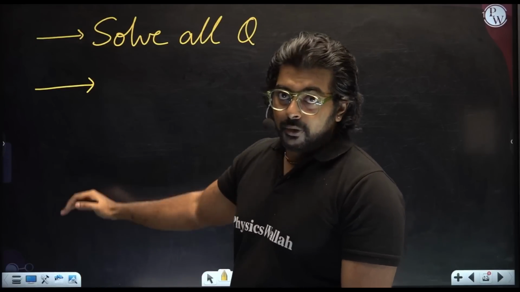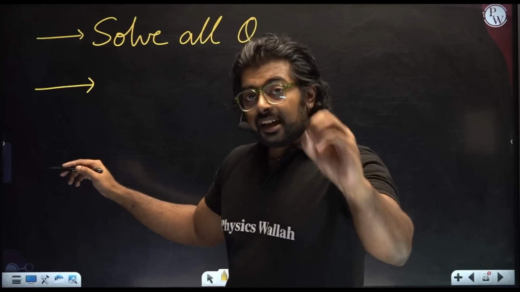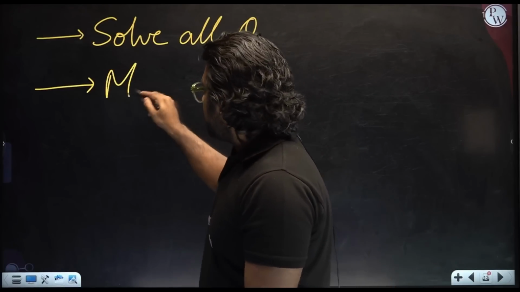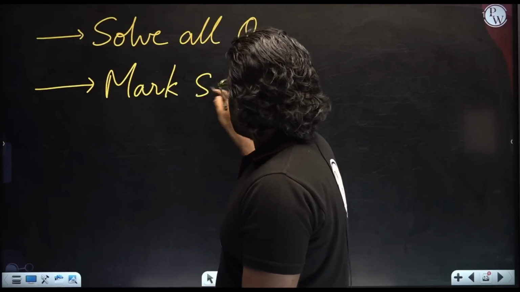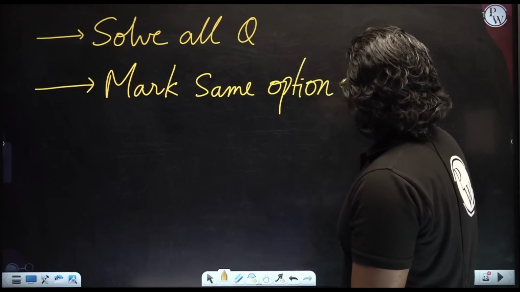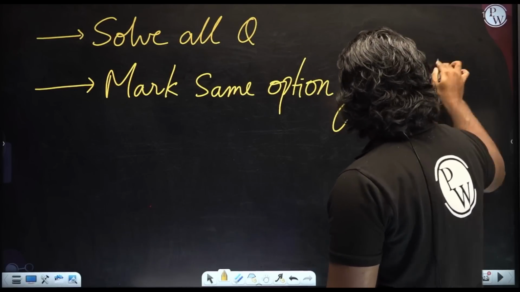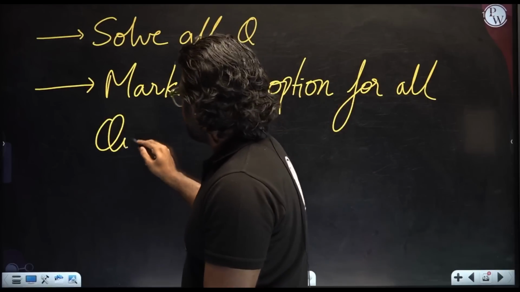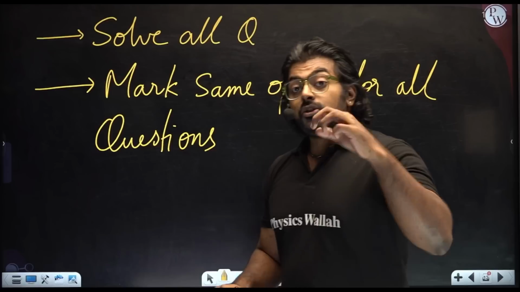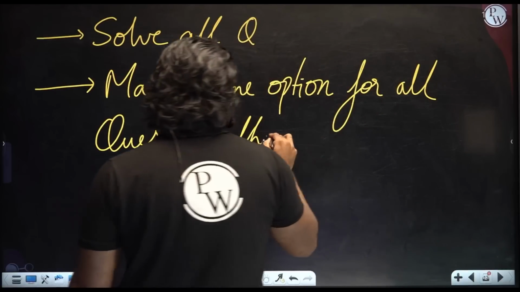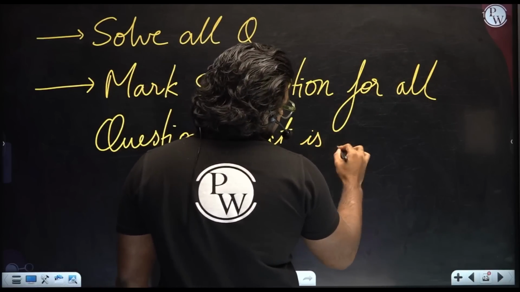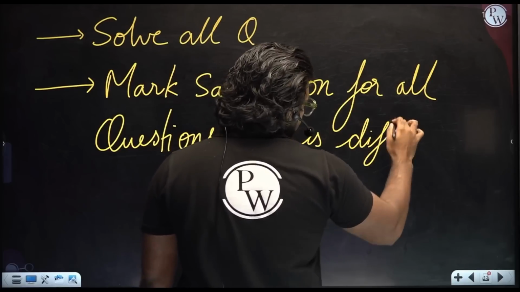Whatever is the number of questions that you have, mark a single option, the same option, for all the questions that you don't know, that cannot be solved, that are difficult, or you're not able to solve.